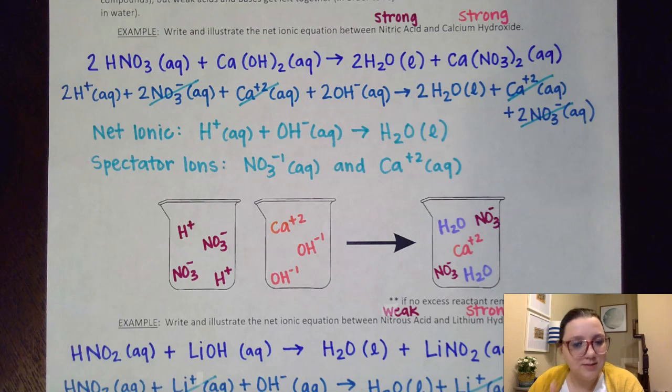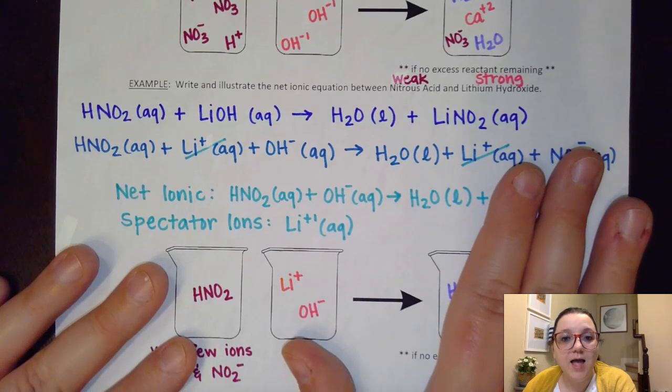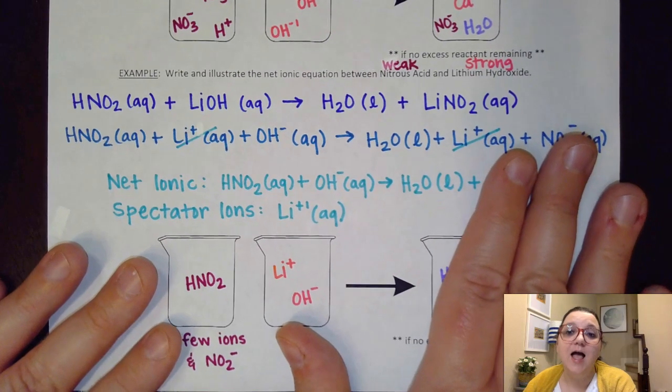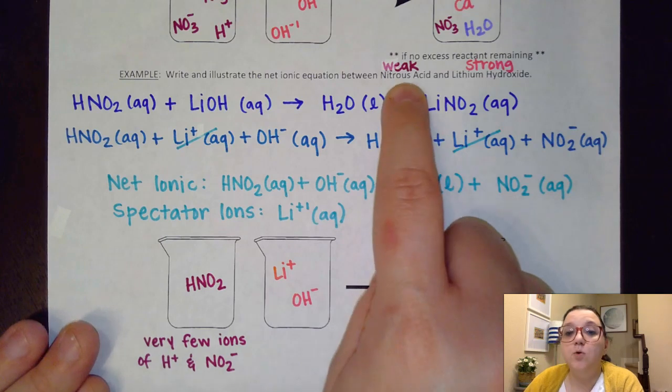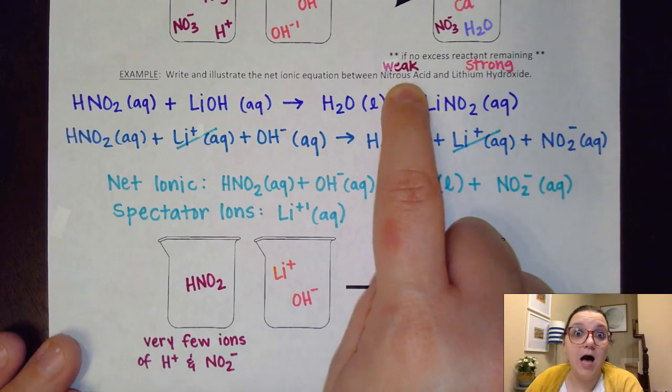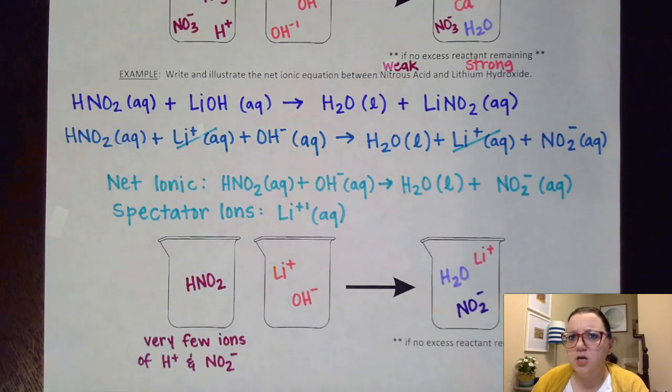So now let's look at another example. On this one, I have nitrous acid and lithium hydroxide. Now, nitrous acid, remember, OUS endings have ITE polyions, so this would have had nitrite in it. However, HNO2 is not on that strong list, and so therefore it would have been considered a weak acid.